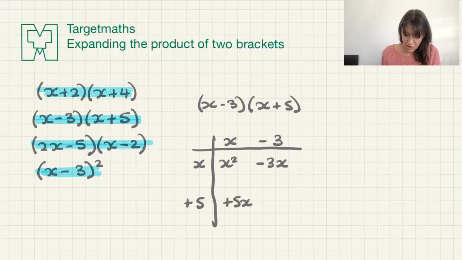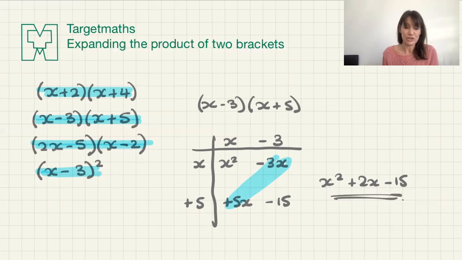And I've then got, and this is where I need to be really careful, minus 3 times plus 5, which is minus 15. Now the adding bit that you've seen with crab's claw is here. And I've got x squared, I'm at 5, take away 3, I've got plus 2x minus 15. And that is an alternative way to do that type of question.